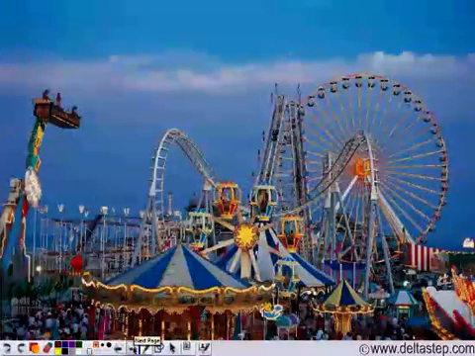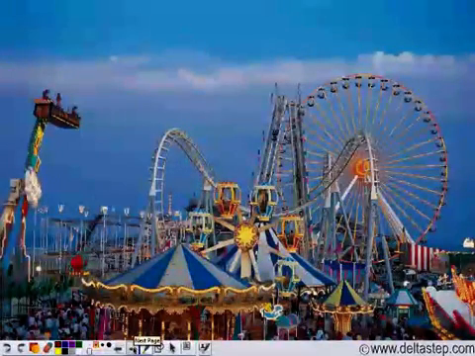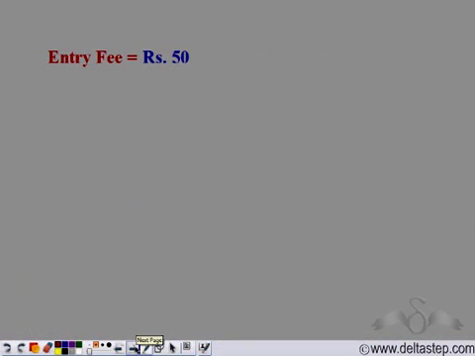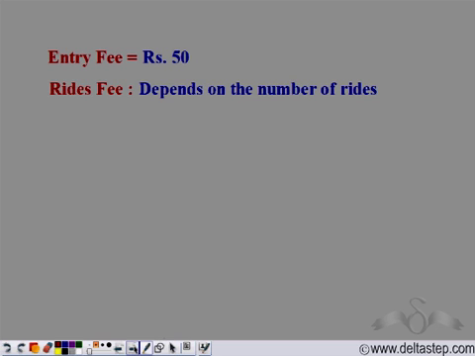Say you go to an amusement park, and in this amusement park, you have an entry fee of rupees 50. Now once you enter the park, there is a rides fee which depends on the number of rides you take. So apart from the entry fee, you have to pay the rides fee.